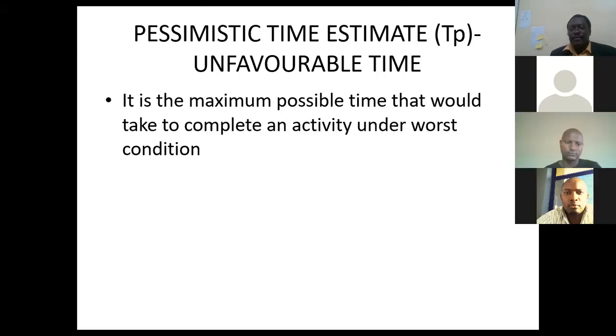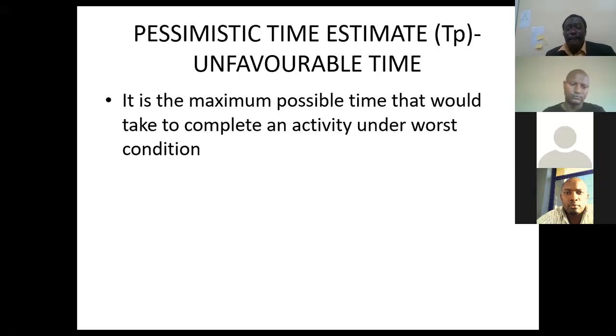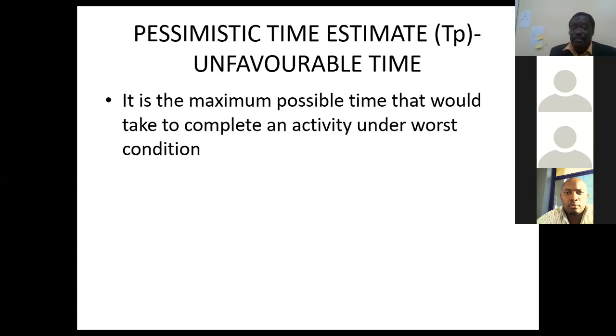Sometimes your wedding project may be disrupted, and the bridegroom may disappear on the day of your wedding. How are you going to handle it? You should plan for those things. It might happen, you never know. So you plan for favorable time and you plan for unfavorable time.